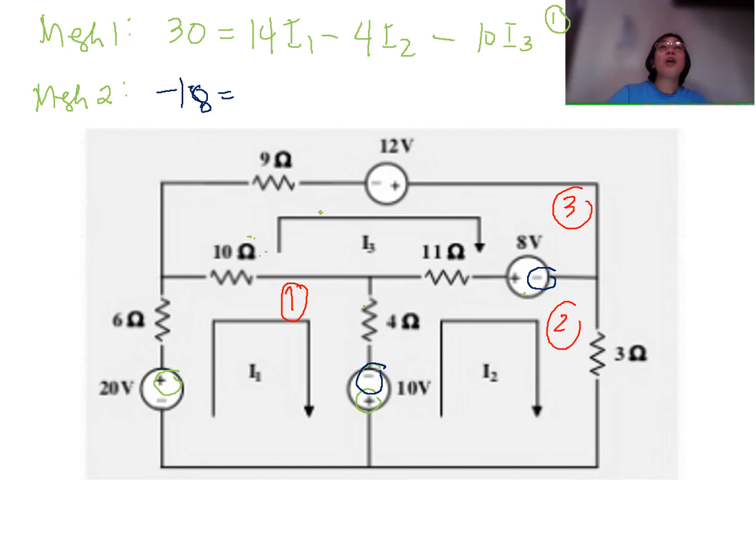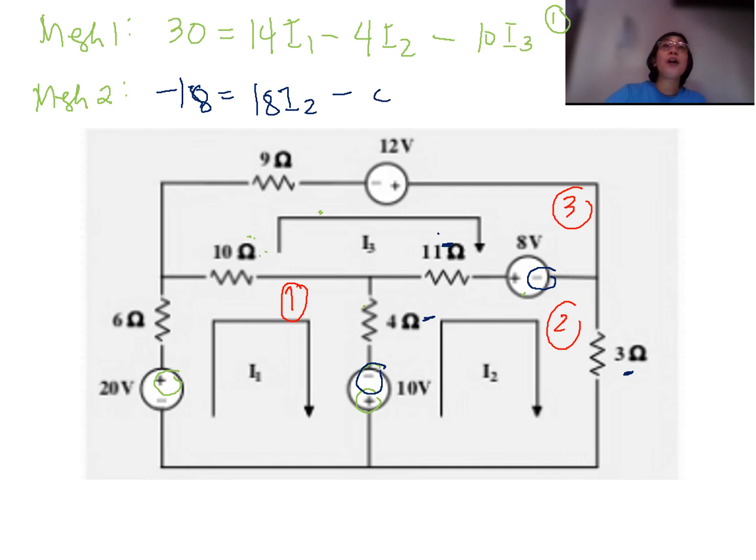What are those? You have 11, you have 4, and you have 3. Is that correct? 11 plus 4 is 15, plus 3, we have 18. So we have 18 I2, and then minus the mutual resistances.